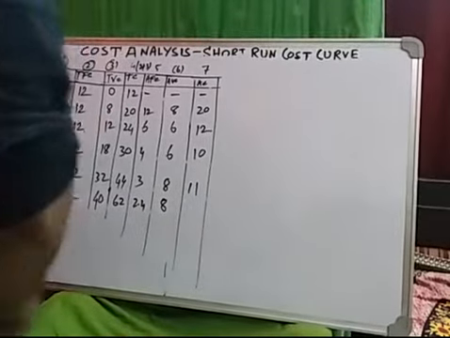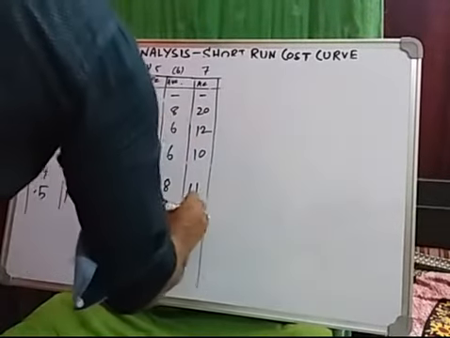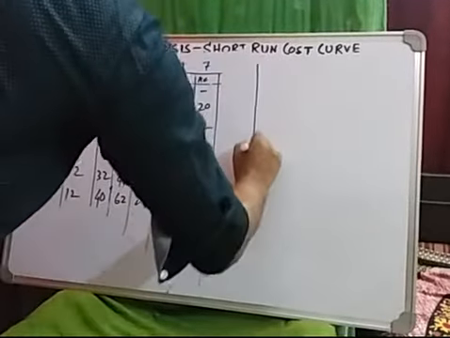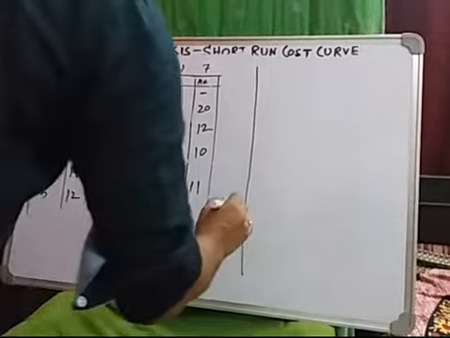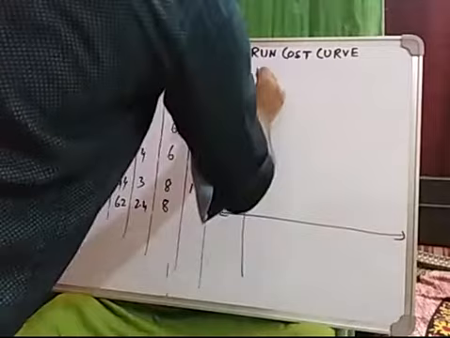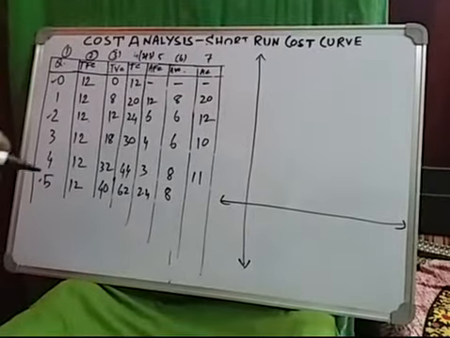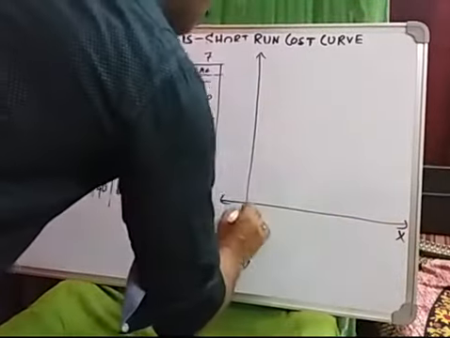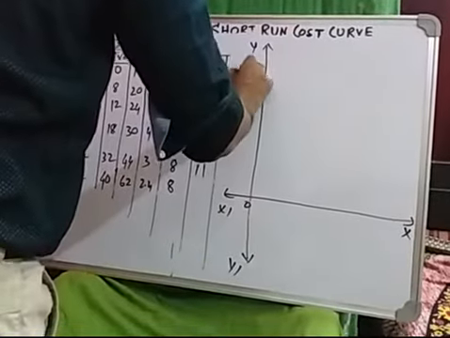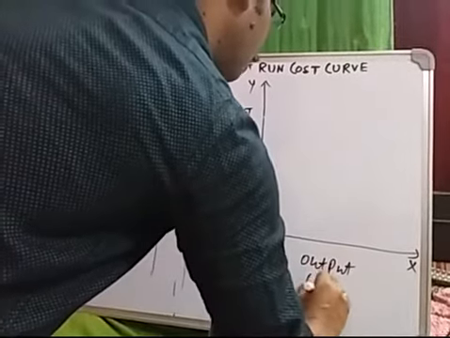Okay, or here you can AFC plus AVC. So XOX dash and YOY dash is the cost and the output in units.